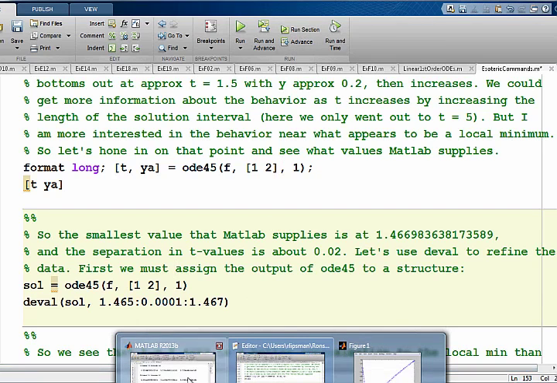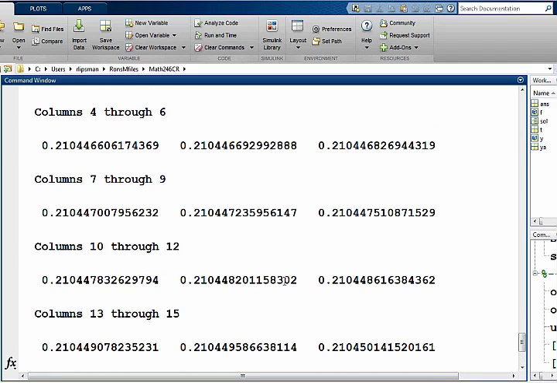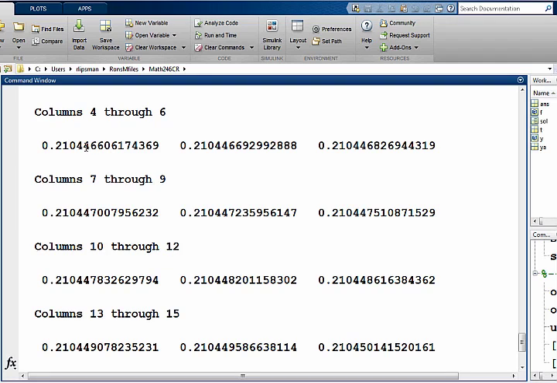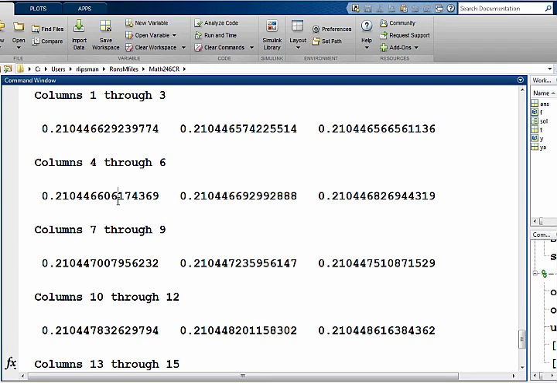And now what have we got? So there's 21 values there. And if you stare at them long enough, you see where the values turn. Let's see, 210, 4466, 4466, 47. So it's between this third one and fourth one where it turns from going down to going back up.